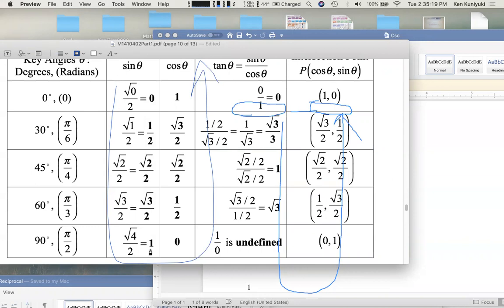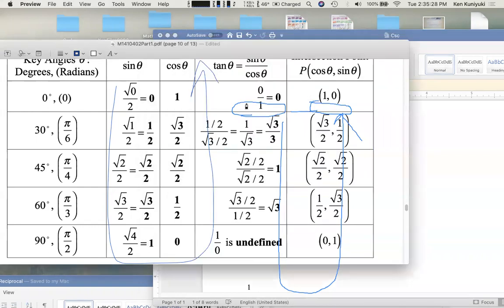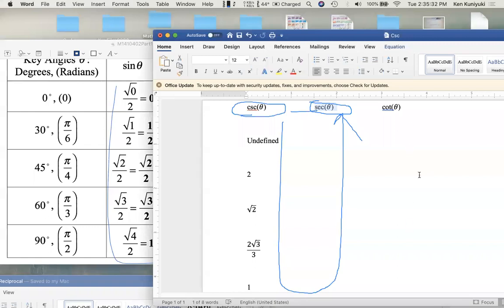You flip the sine column to get the cosine column. You flip the cosecant column to get the secant column. And guess what? You can reverse the tangent column to get the cotangent column. Maybe reverse is a better word than flip, because I don't mean flip fractions. I mean reversing the column.